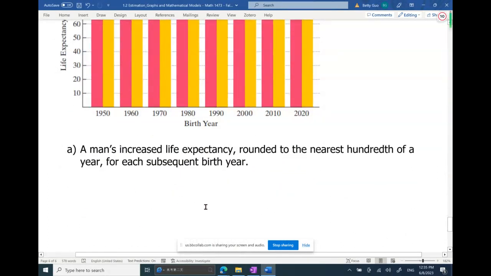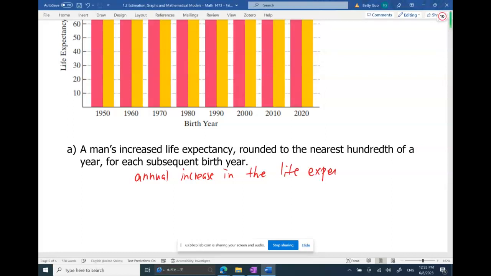Part A, a man's increased life expectancy. So men, so look at the red bars, rounded to the nearest hundredth of a year for each subsequent birth year. Part A, we are actually looking for the annual increase in the life expectancy for male.